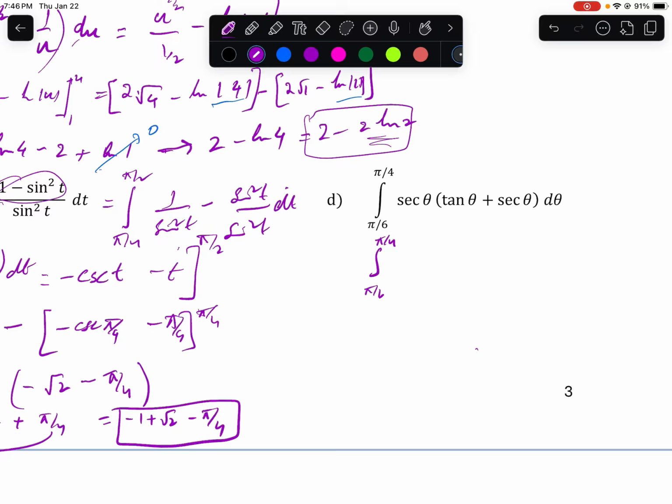So secant of theta times tangent of theta plus secant square theta d theta, which gives you, you can now just anti-differentiate. So we get secant of theta plus tangent of theta and then limits.